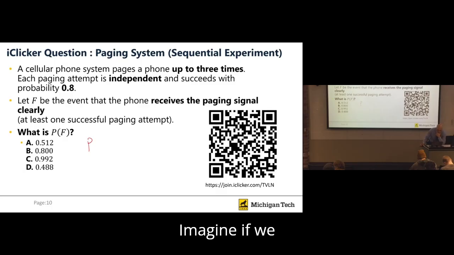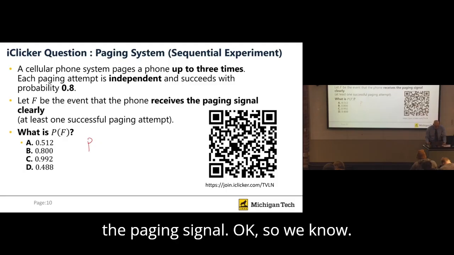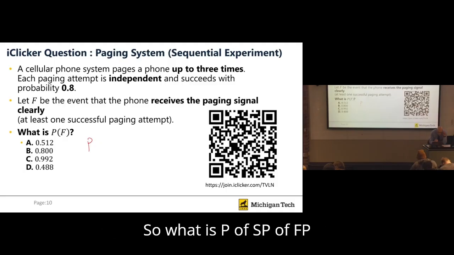Imagine if we call F the event that the phone receives the paging signal. Okay, so we know. So what is P of F?